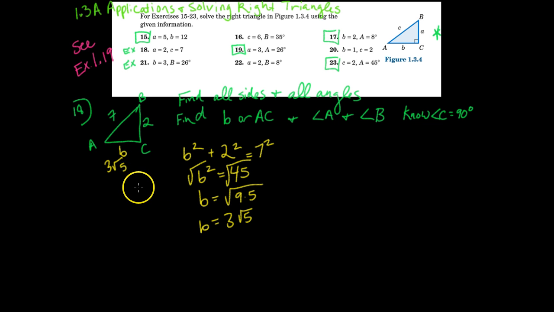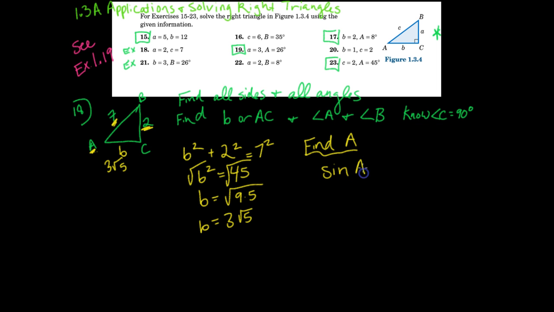Now I need to find the angles. To find, let's say, angle A, we're going to set up the ratio. If I put my finger on A, what sides am I given? I'm given the length opposite angle A, and I'm given the hypotenuse. So I'm going to work with sine, because that's opposite over hypotenuse.